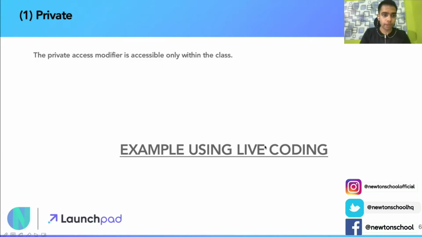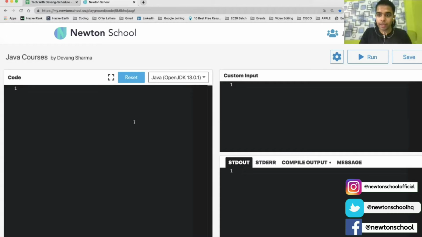Okay, first one is private. As we know, the private access modifier is accessible only within the class. So let's see it by the code. So here we are at the Newton School IDE. It has multiple features of multiple languages and input, output, compile messages. Let's see the code for the private access modifiers. So I define my class here, class A, and let me use some variables.